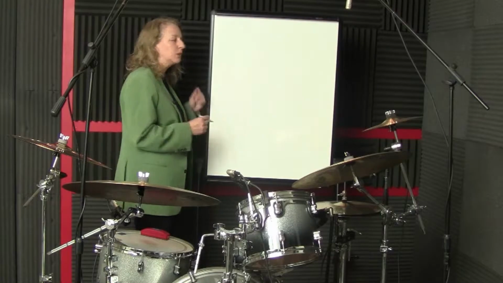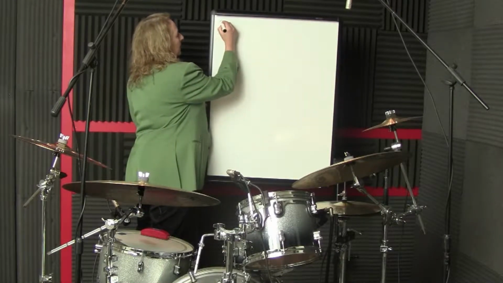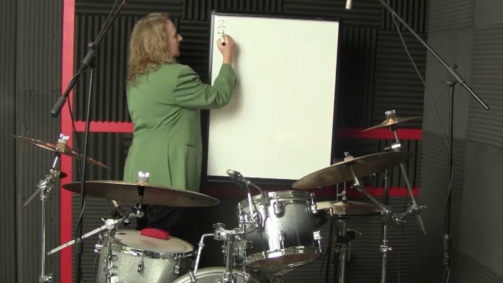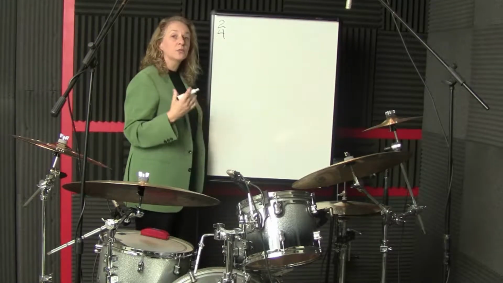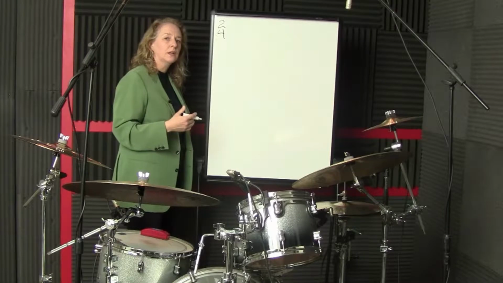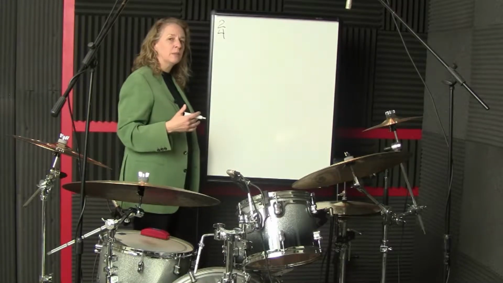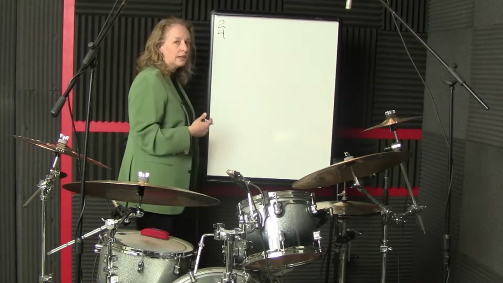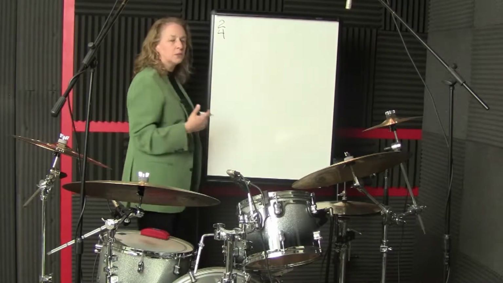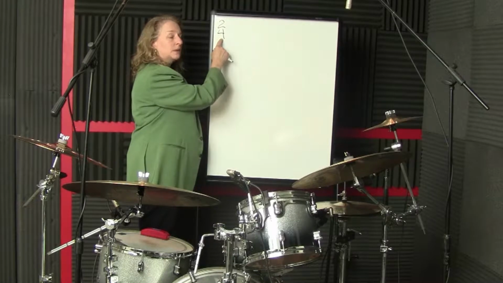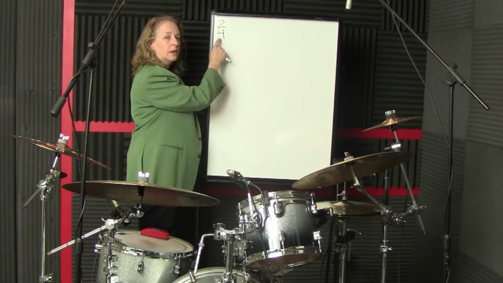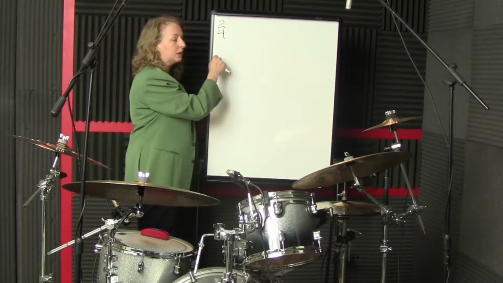Let's begin by talking about top and bottom numbers, because that's what a time signature looks like. Two over 4. This is what you see at the beginning of a chart or any piece of paper that has music on it. The time signature signifies that the quarter note, which is the bottom number, the number 4, represents the quarter note.